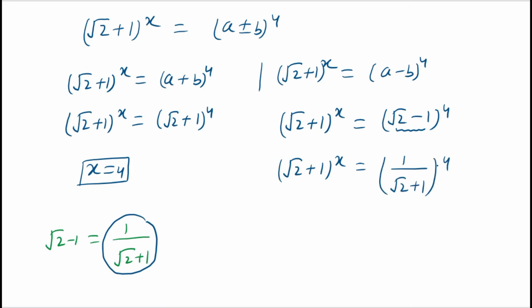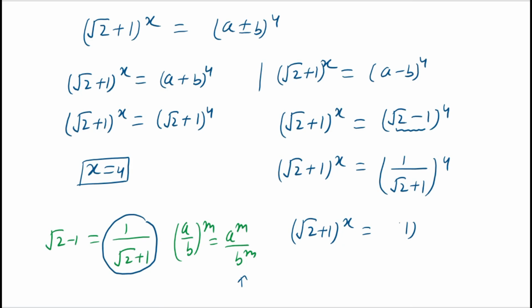Now in right hand side we will apply this rule: (a/b)^m equals a^m divided by b^m. Left hand side is the same, (√2 + 1)^x equals, in right hand side, if we apply this rule, 1^4 divided by (√2 + 1)^4.